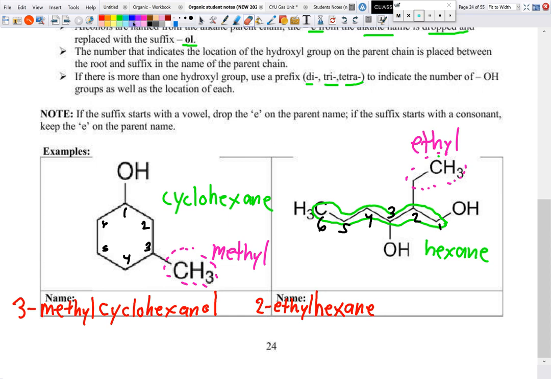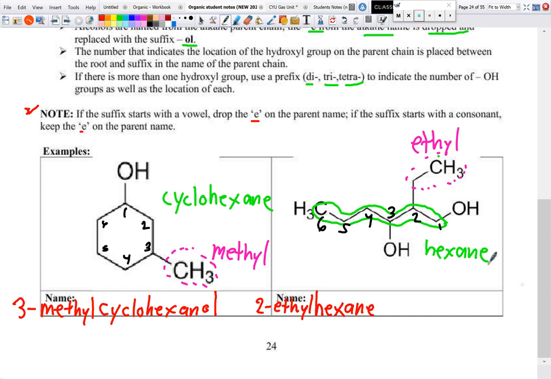So we do need to pay attention to this little note right here. If the suffix starts with a vowel, we drop the E from the parent name. The suffix, in this case, the ending will be OL. So if the suffix starts with a vowel, we drop the E in the parent name. If the suffix starts with a consonant, we keep the E.